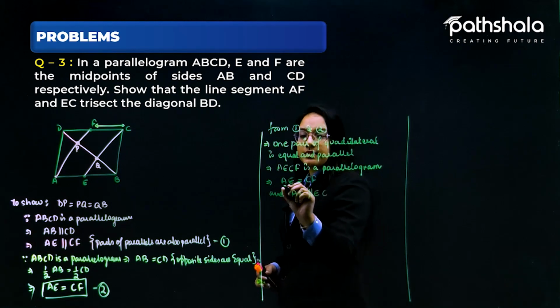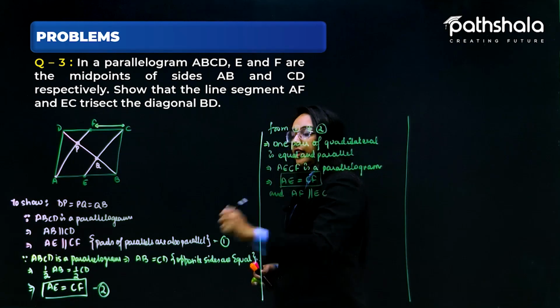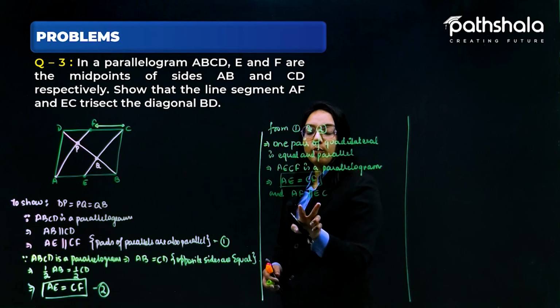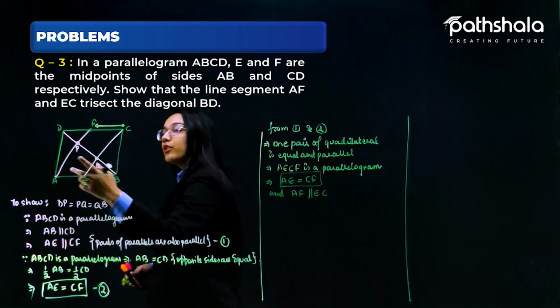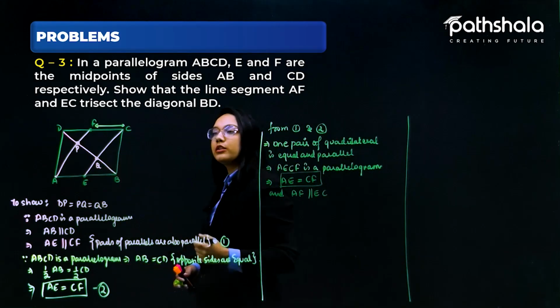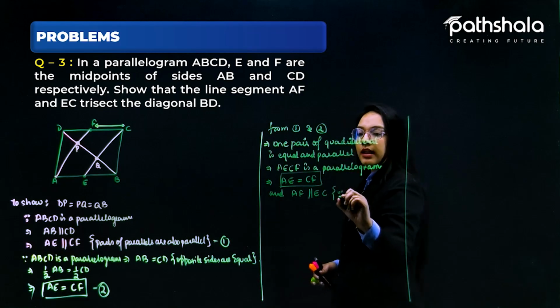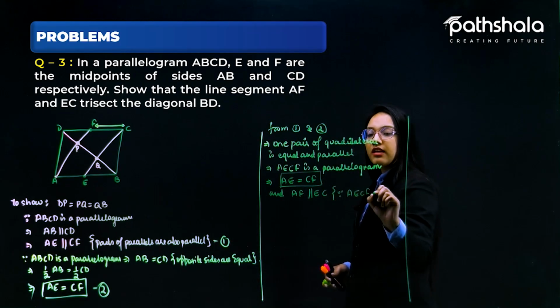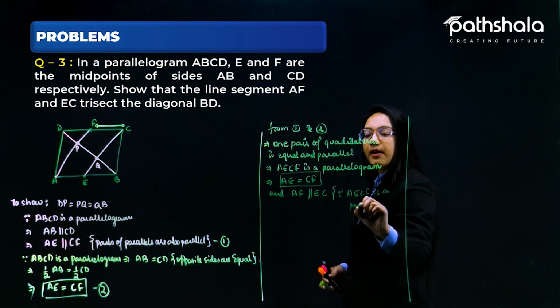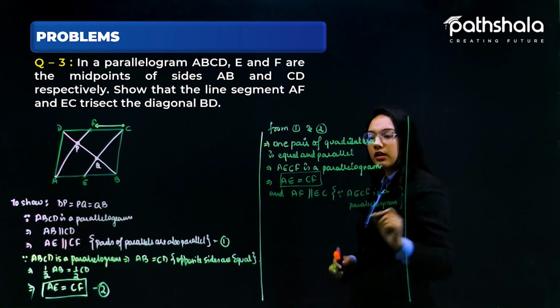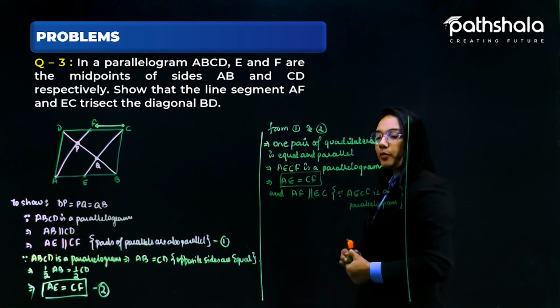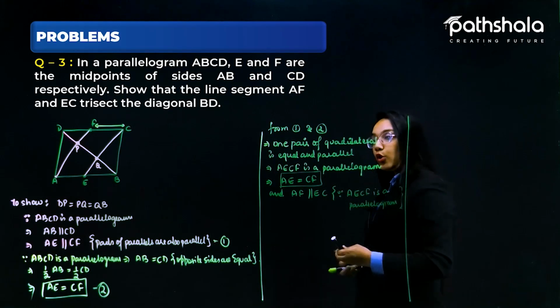This is exactly what we already know in equation number 2. What we are getting from here is that AF is parallel to EC. Since AECF is a parallelogram, its other side is also parallel to the other side, so AF is also parallel to EC.